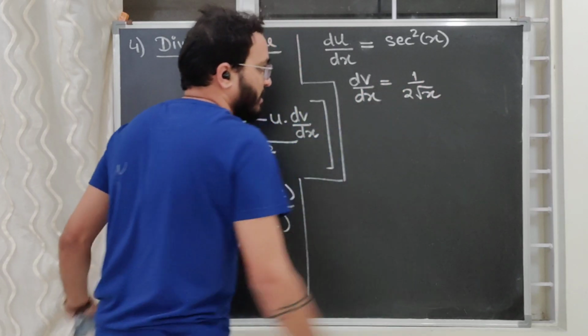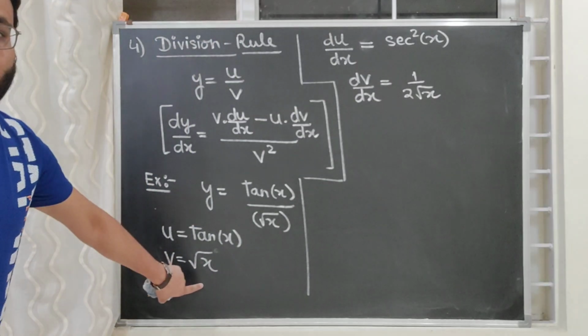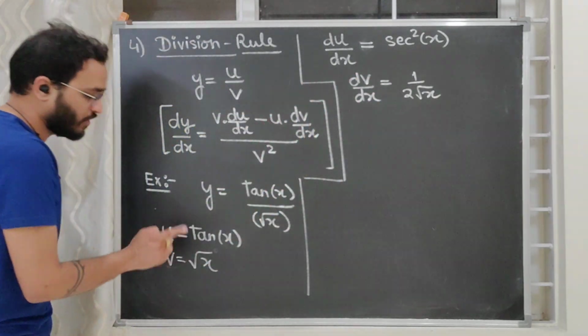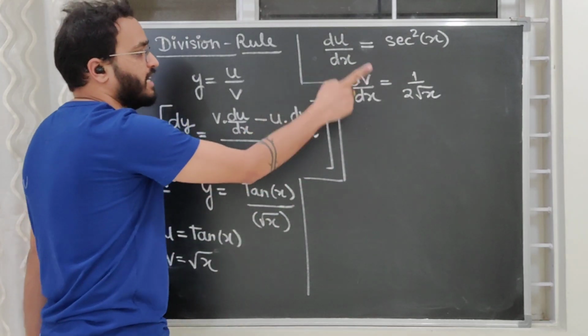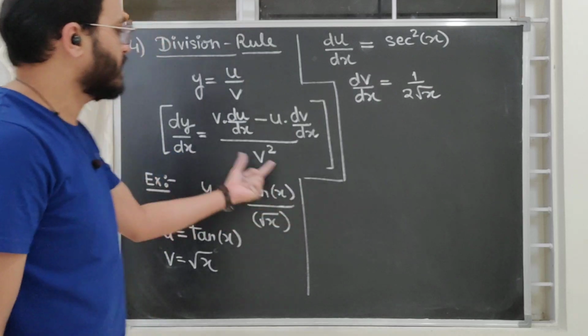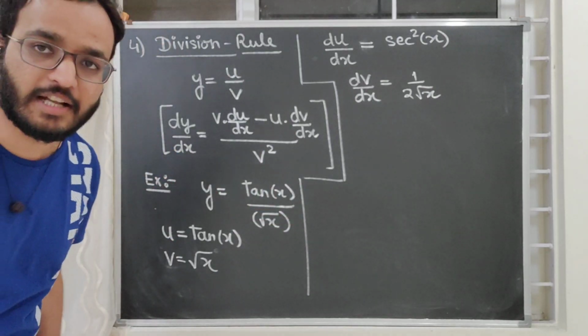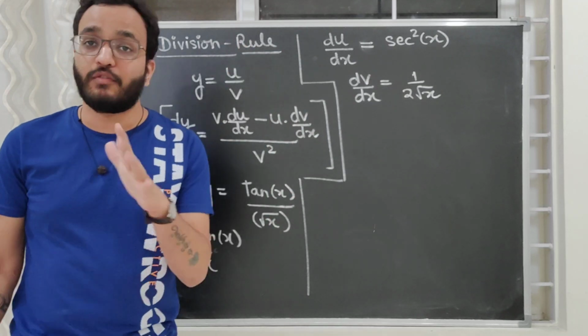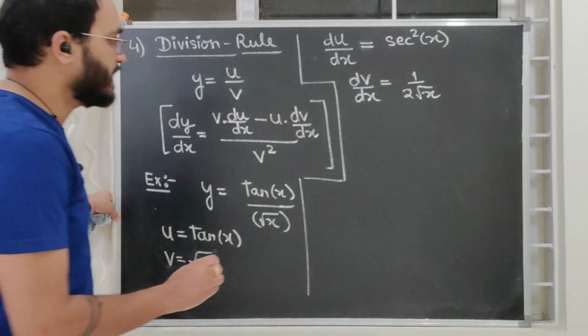I told you to remember this also. The differentiation of root x is 1 by 2 root x. Now you already know u, you know v, you know du by dx, and you know dv by dx. Now you just have to put all these 4 values in the formula and you can get the answer. Are you understanding? Now very easy.